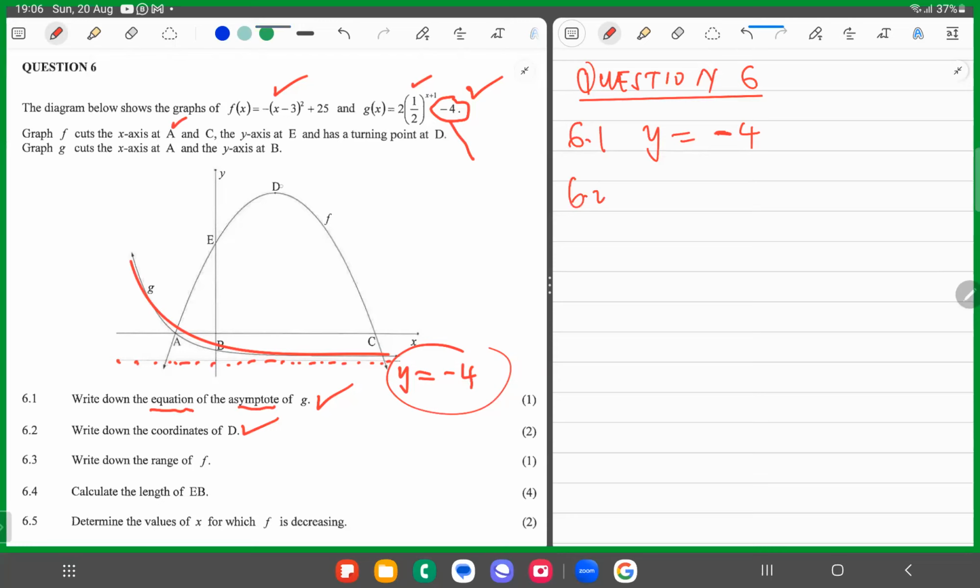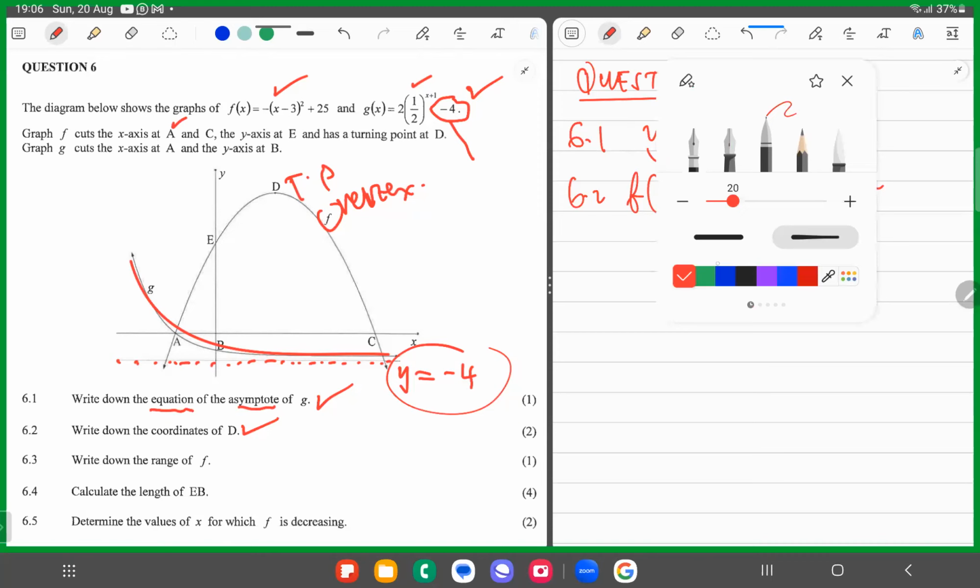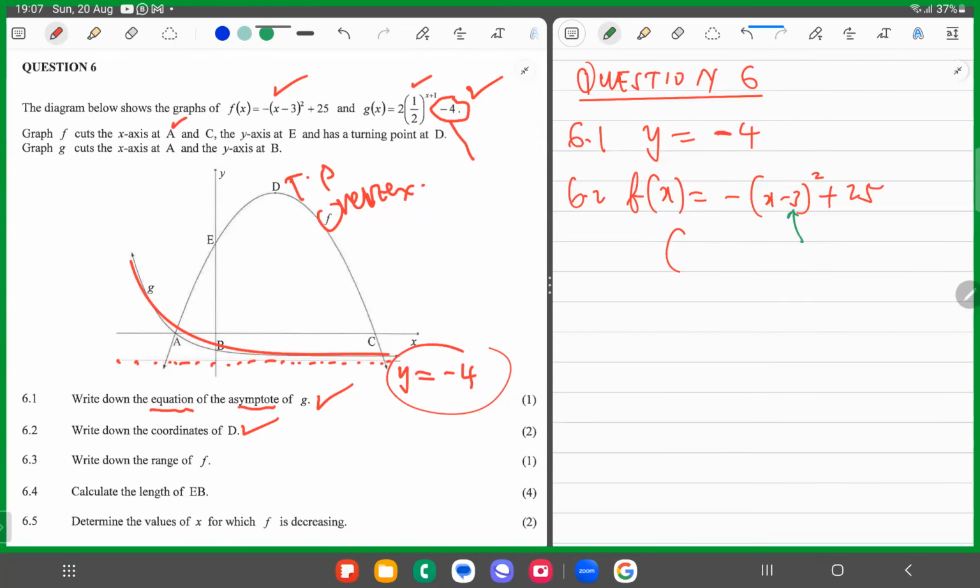Right, D obviously is the turning point. Do you know the turning point is also called the vertex? Now do you see the vertex? It is the vertex of the function f, so we can just write down the equation of the function f, which is f of x equals (x minus 3) squared plus 25. At this point, you pick the x, and this one is the y.